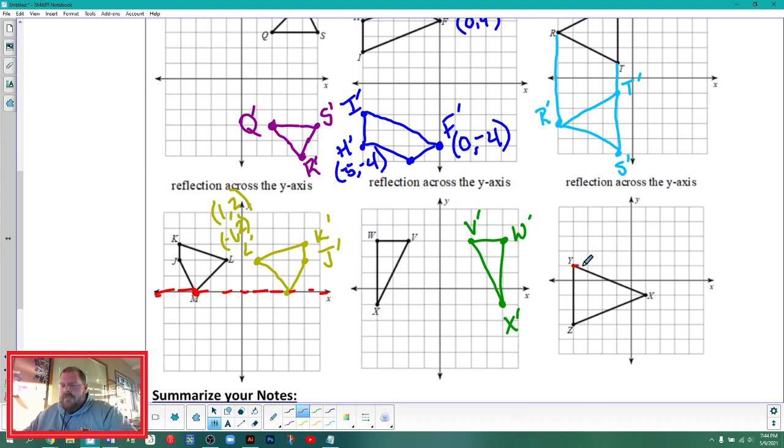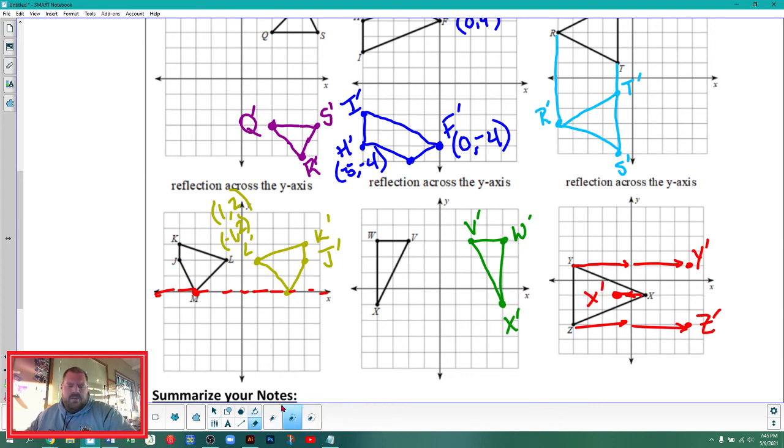Y is 4 units away from the y-axis, so it's going to move 4 units on the other side. Same thing with z. It's 4 units away, so move it 4 units away. Sorry, that is y prime, that is z prime. And then x is 1 unit away this way, so move another unit away, and x prime would be right there.